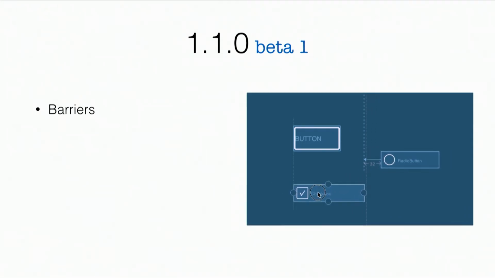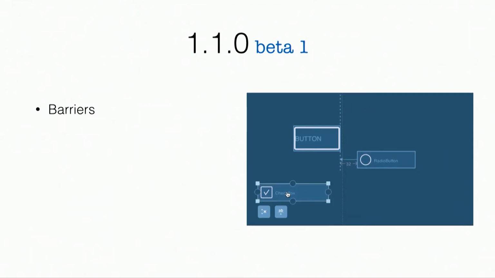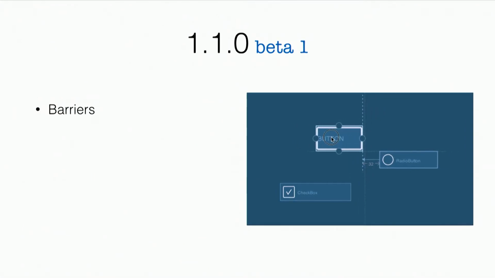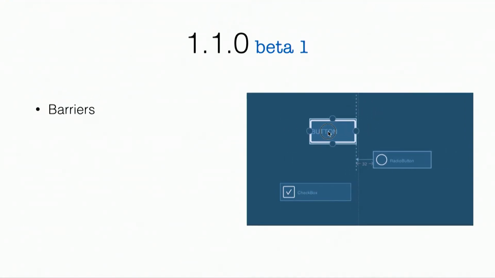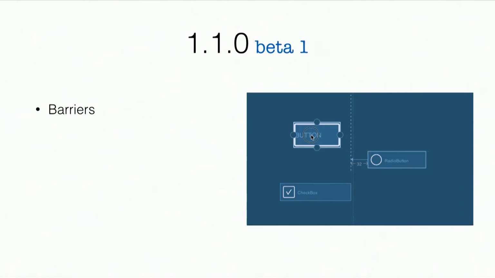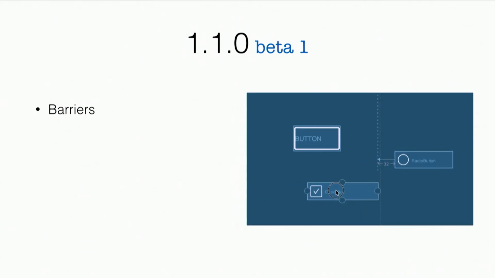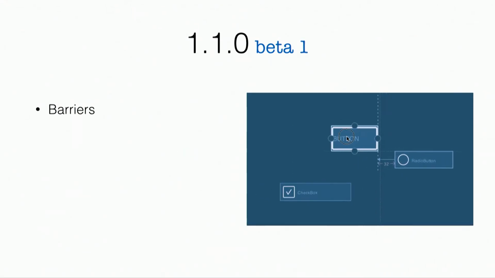The barrier is simply saying, take the maximum of the side that I'm constrained to. So if the button is the one at a higher value, the guideline will be constrained to that. If it's the checkbox, same thing.